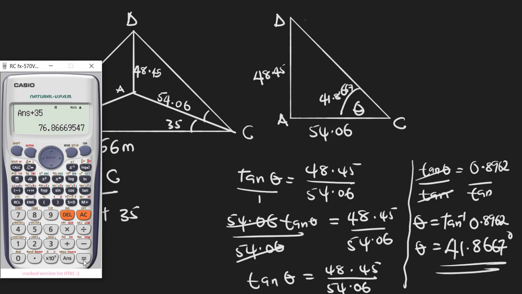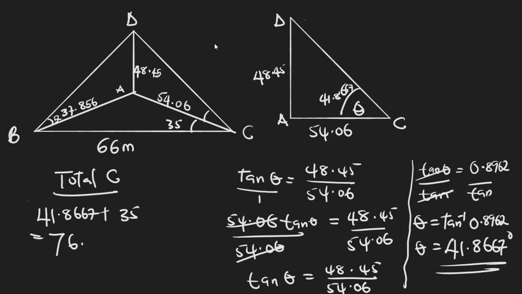In two decimal places, we round it up to 76.87 degrees. So this is the angle of elevation from the top of the towers, and that is our answer for the second part.